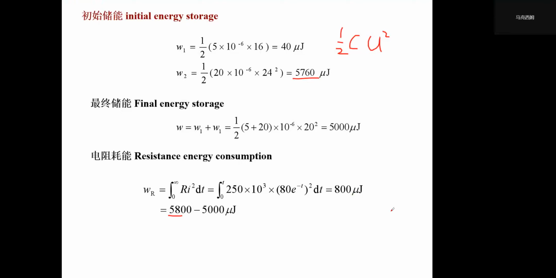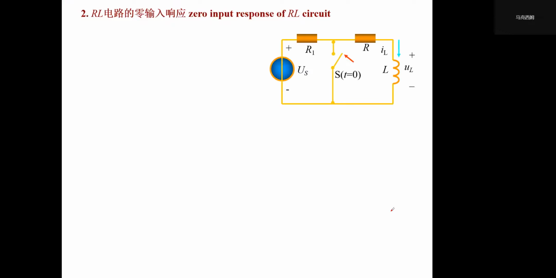So let's see the zero input response of a resistor-inductor circuit. We have a circuit that looks like this, and at time zero, we close the switch. Let's see what happened in this circuit.